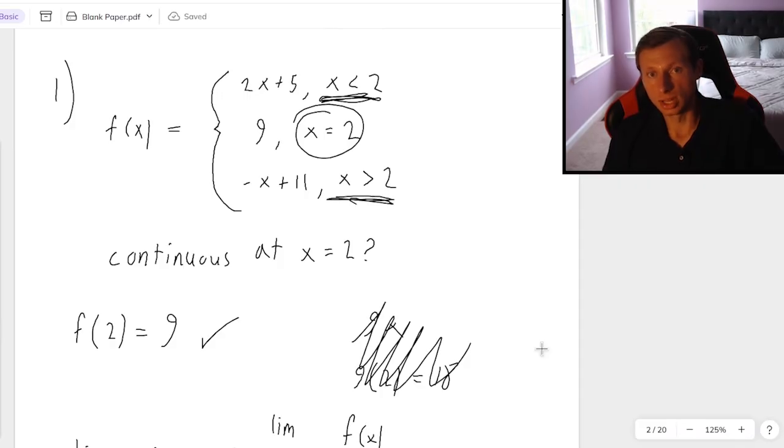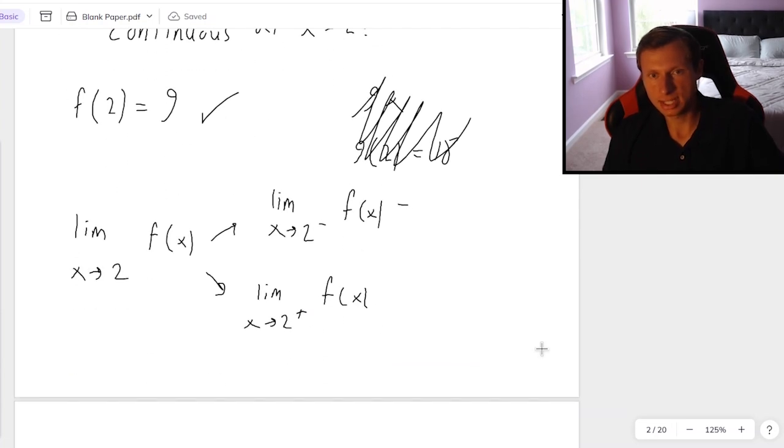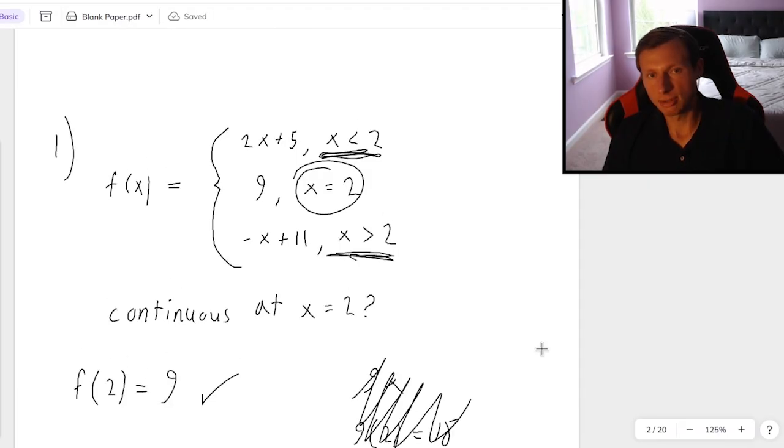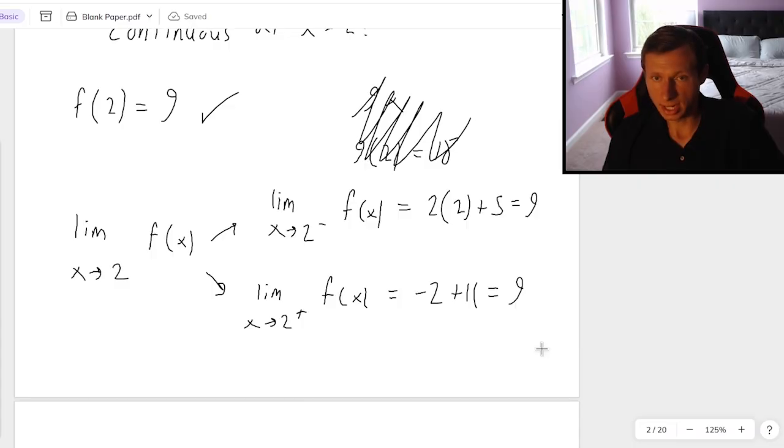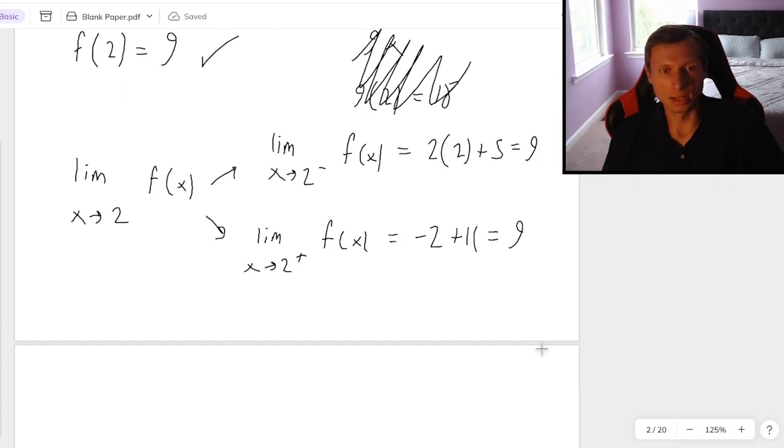So for left, I am plugging 2 into 2x plus 5. That's easy. 2 times 2 plus 5, that'll get me 9. And then for the right side, that's going to be the function negative x plus 11. So negative 2 plus 11, that's also 9. Since these two answers equal each other, 9 equals 9, that means the limit exists and the limit is equal to 9.